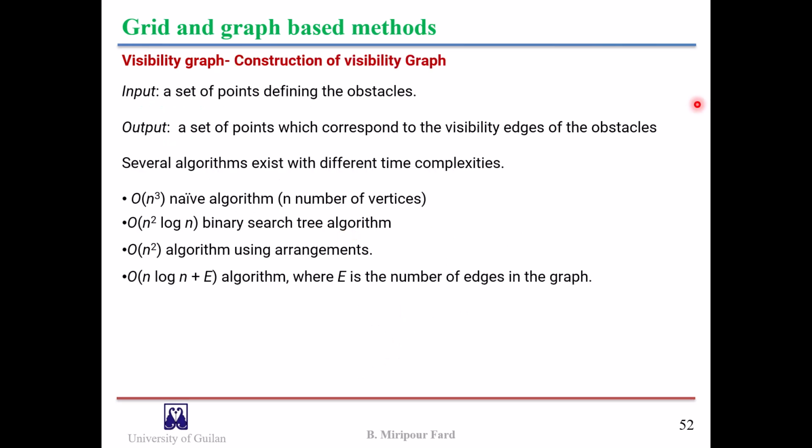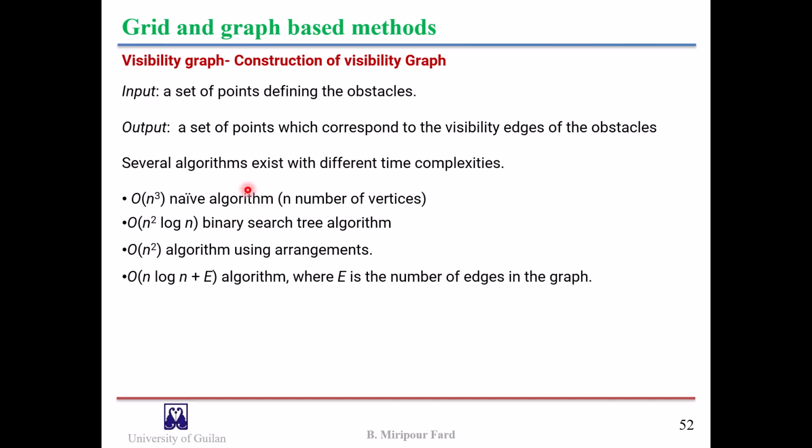There are many algorithms to build visibility graph. In building a visibility graph, inputs are a set of points that define obstacles, and the output is a set of points which correspond to the visibility edges of the obstacles. Here are some algorithms and their computational time complexity.